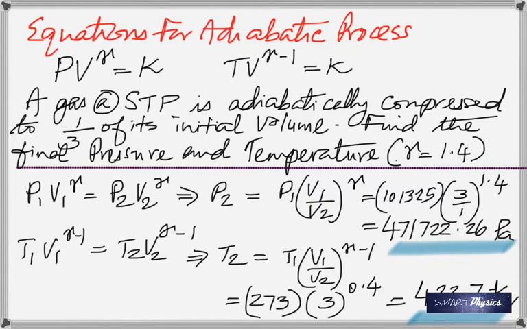One time I asked a question like this, sometimes I can be very silly. I said, a gas is isothermally compressed to double its initial pressure. Find its volume and temperature. It's isothermally compressed, so what do you know about the temperature?